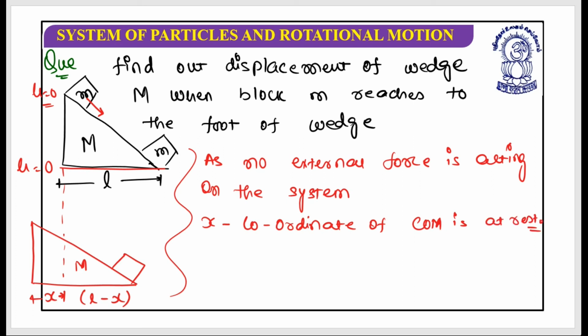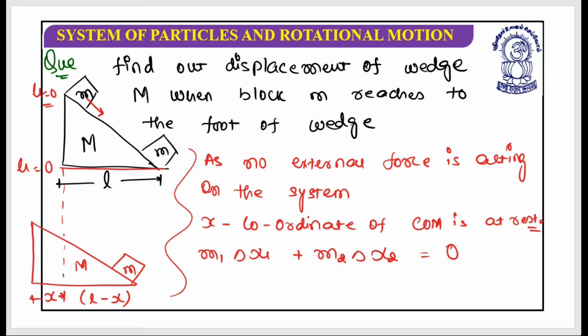And when the X coordinate of the center of mass is at rest, what I can have is M1 delta x1 plus M2 delta x2, and that would be equal to 0.